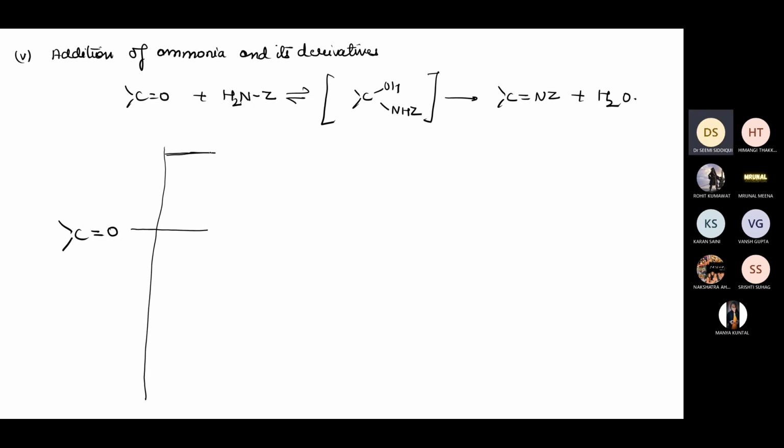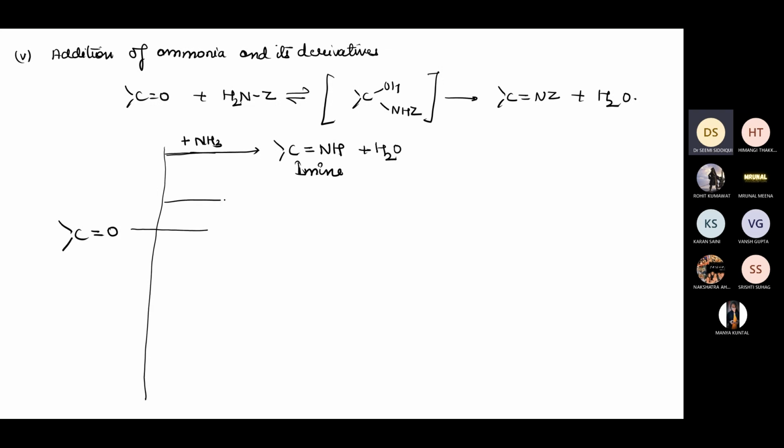The first reaction, say suppose we have taken ammonia. अमोनिया अगर आप लेते हैं, it is going to provide this particular group plus the water molecule is going to liberate. It is called an imine. Means आपका amine group and double bond together if present, it is called an imine.